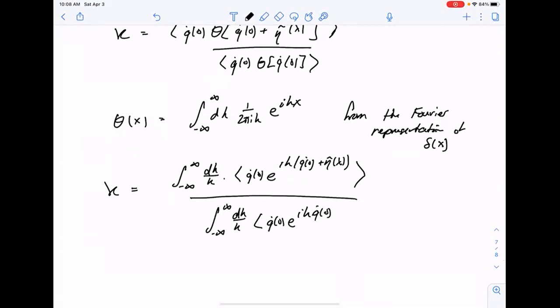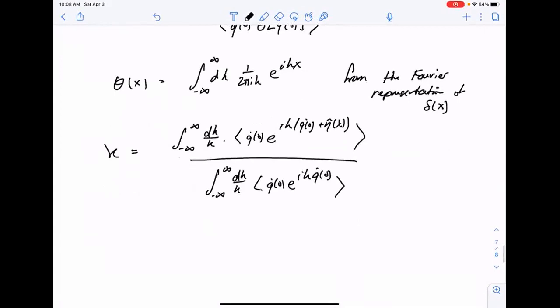This is in the denominator. Those averages are averages over the Gaussian distribution of the noise and the Maxwell-Boltzmann distribution of the initial velocities.